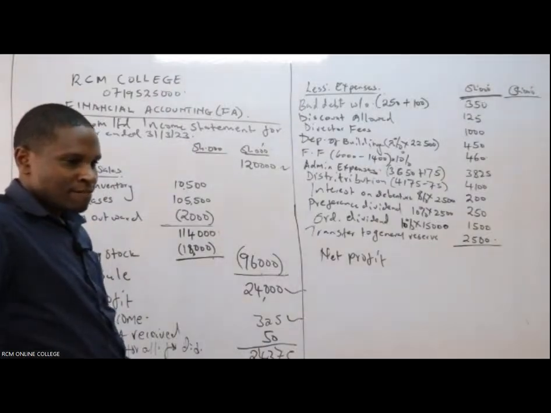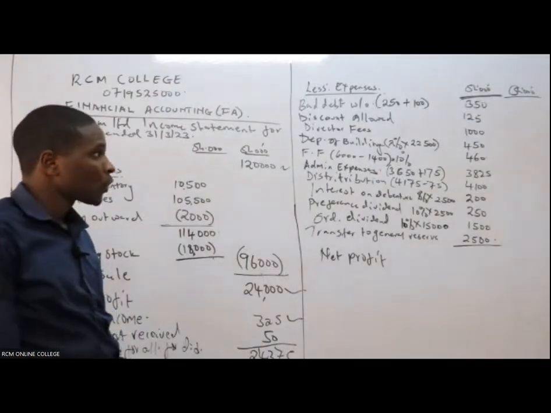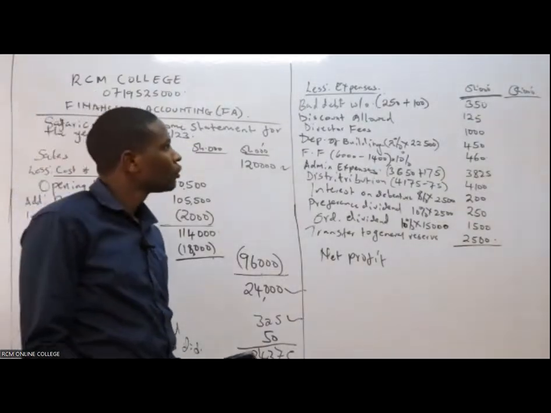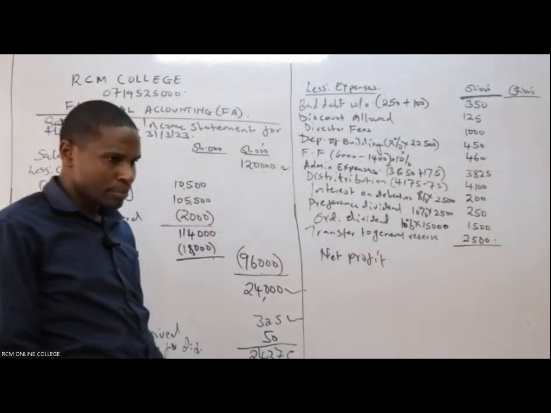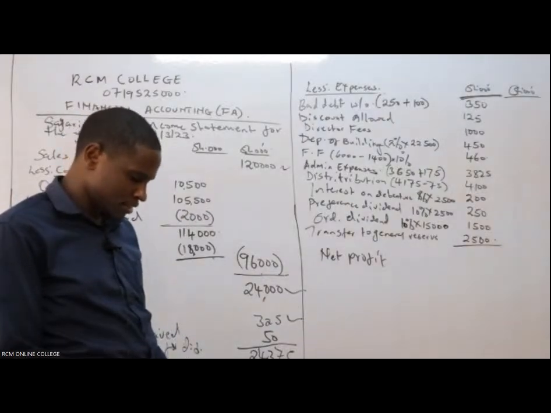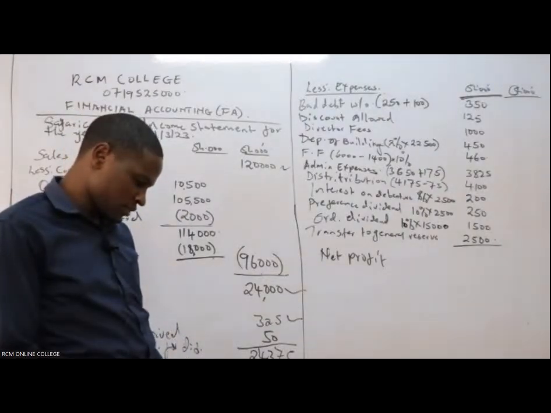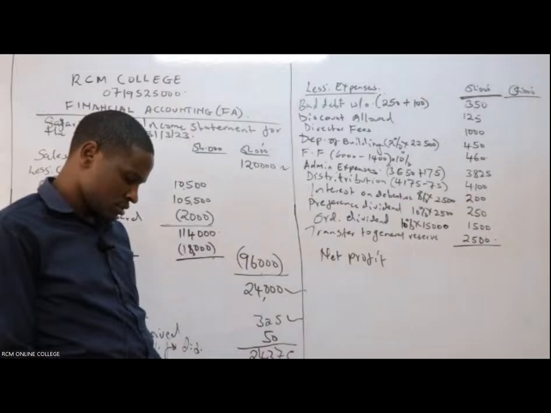What are you getting? Don't just look. What are you getting? Or is there an item we left? Can you check under expenses? Under expenses, you have to check whether there's an item we left.